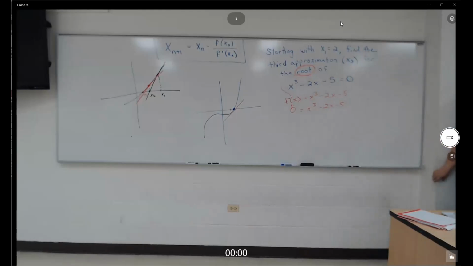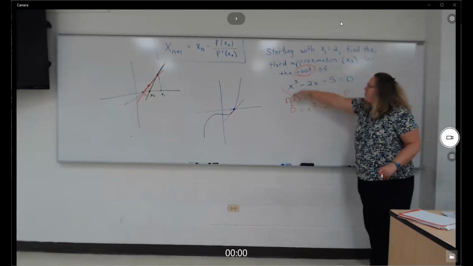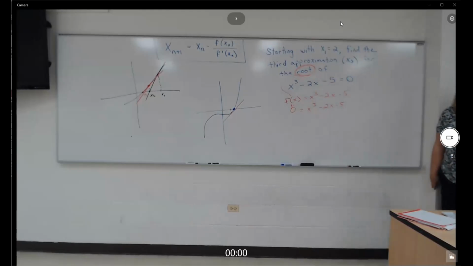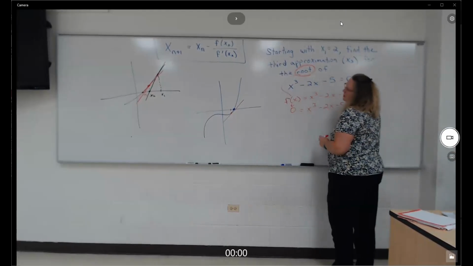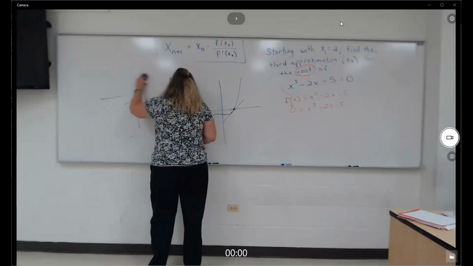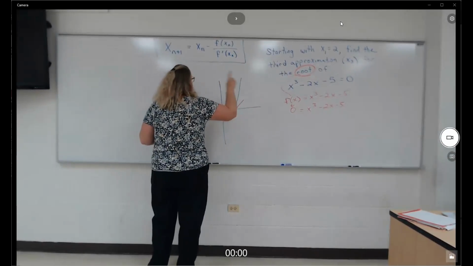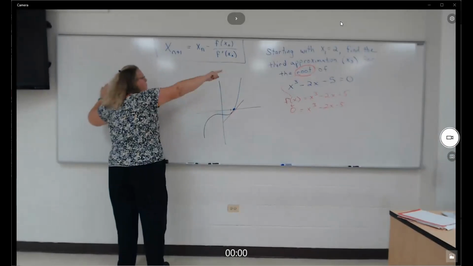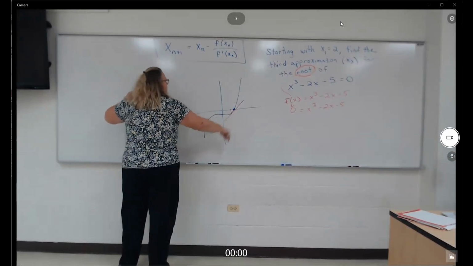But if they just give you a function and say find the roots, 0 goes in for your y. That's the one thing you know. Okay, so now to find our first approximation. Well, our first approximation is 2, because 2 and our actual blue dot are not the same.